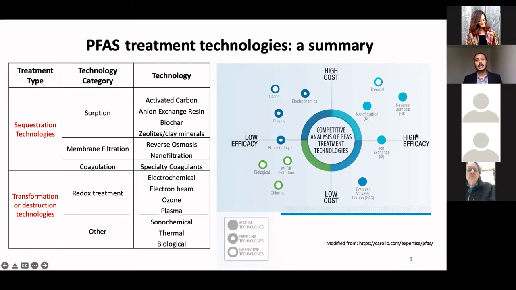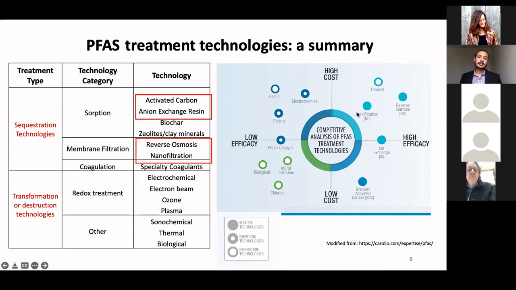For the treatments that are more effective, like reverse osmosis and nanofiltration, you can see the cost of treatment is much higher compared to the other traditional water treatment approaches. Granular activated carbon shows good efficacy in PFAS treatment, and it also is economically feasible. So that's probably the most commonly used technology for PFAS treatment of contaminated water.